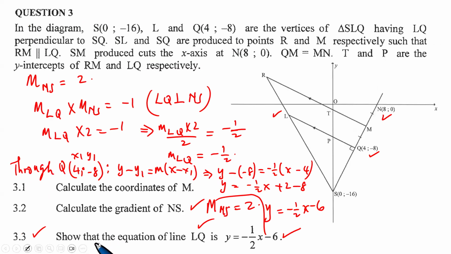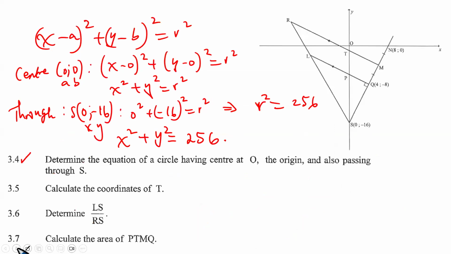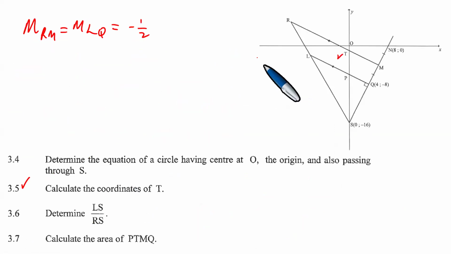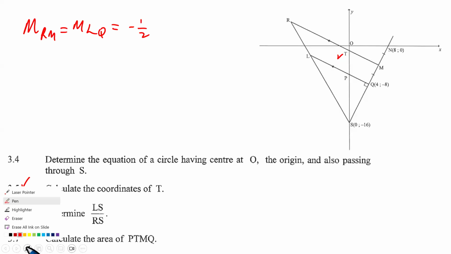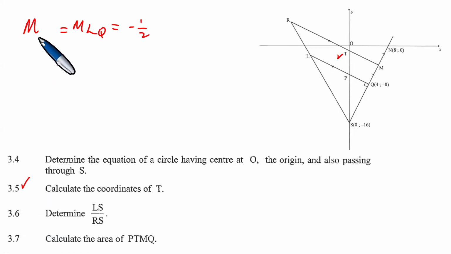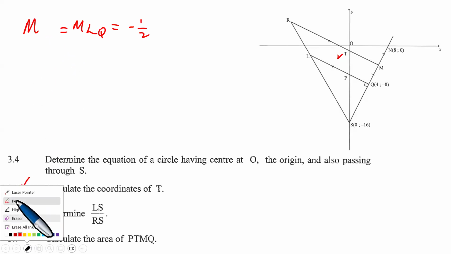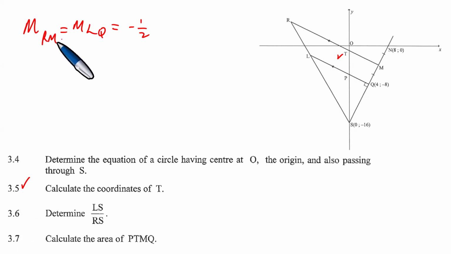We got it here, the equation of the line LQ. Because if the equation of the line is like this, it signifies that you are dealing with y equals mx plus c. So in the end, what we have here is the gradient of the line RM, which is actually equal to this.